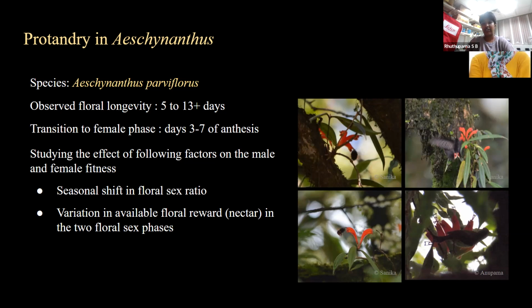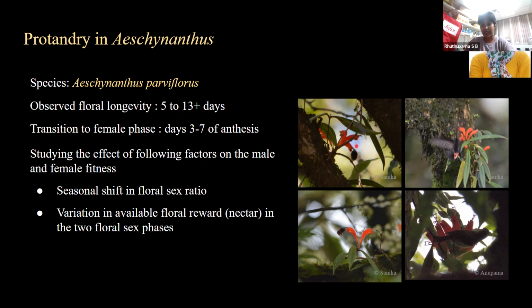We have completed our first fieldwork in the northeast of India in the past 3 months. We are still analyzing data, and these are a few preliminary observations we made in the field: in Aeschynanthus parviflorus, the longevity is observed from 5 to 13 plus days, and the transition from male to female phase occurs between the 3rd and 7th day of anthesis.